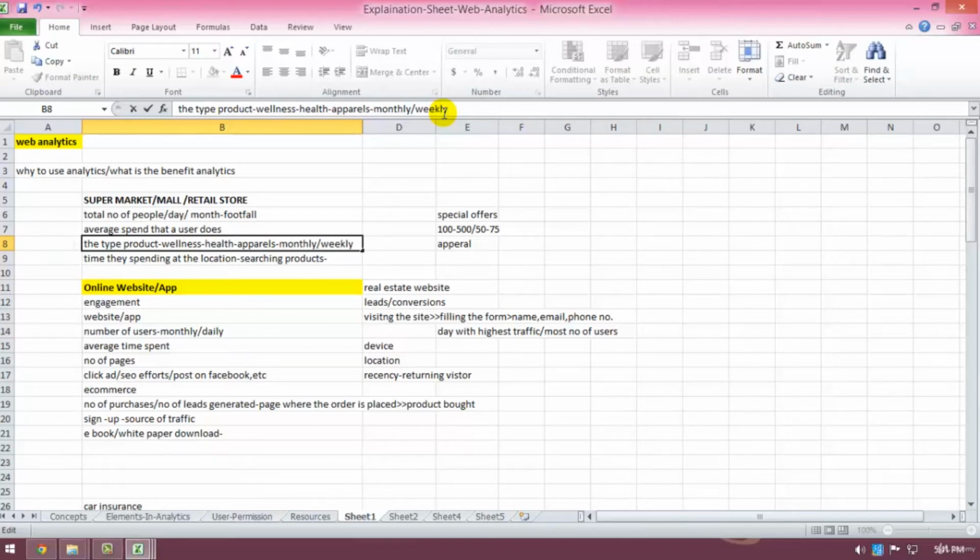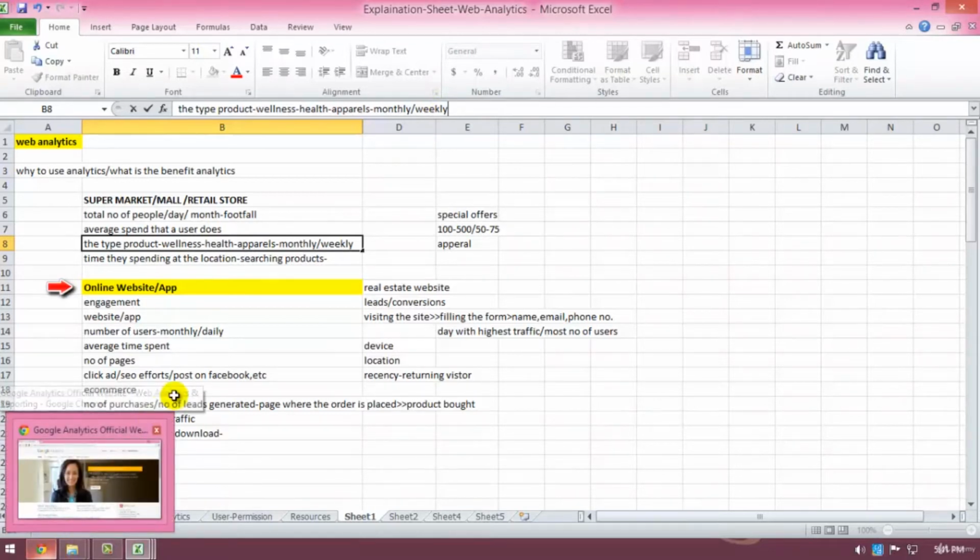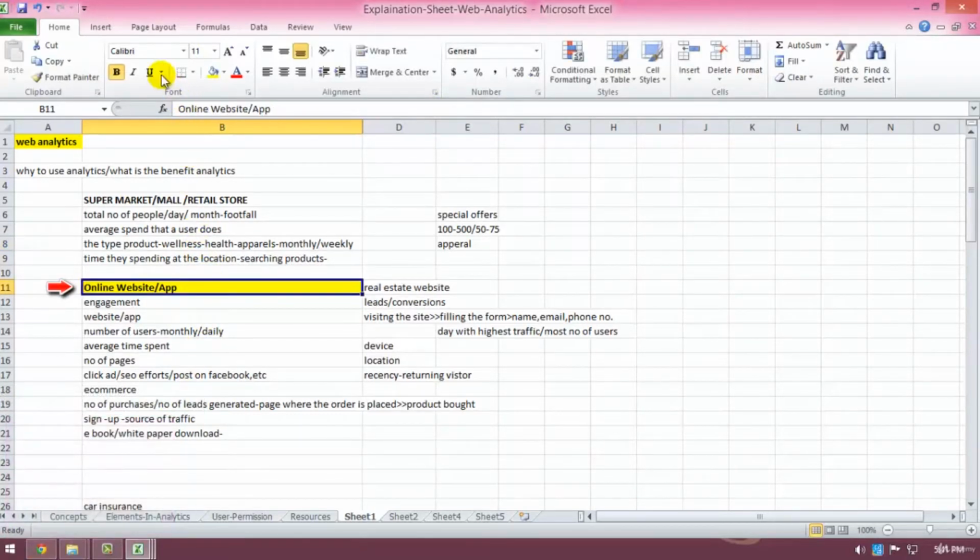Similarly, when we are talking about an online entity, which could be a website or a mobile app, to make sure that our business is running smoothly and efficiently, we need to measure various aspects.